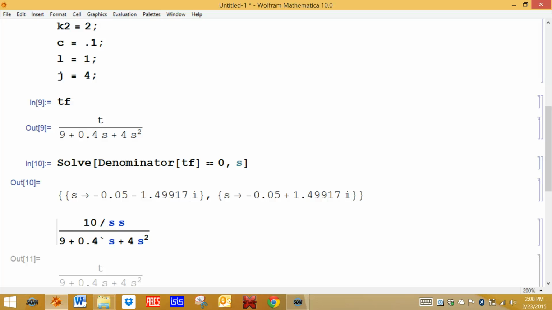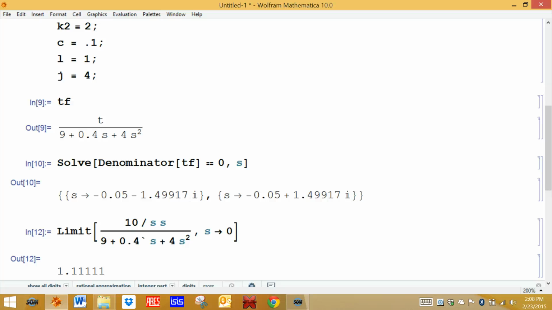So we'll come back over here and say limit this as s goes to 0. And bang. If you apply a torque of 10, whatever your units are, Newton meters or whatever, you're going to get an angle of 1.1 radians.